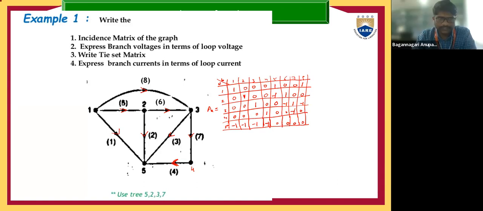What about the others? Only four, five, six. What about the others? At least give it a try. It's very simple, right? To write an incidence matrix.